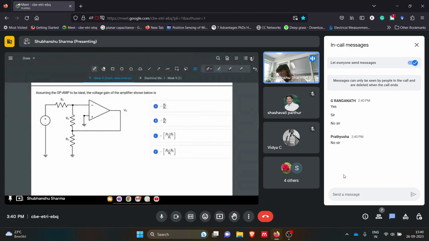Yeah. So this is the next question. Again, I think this is simple. Assuming the op amps are ideal, what is the voltage gain of the amplifier shown below? I'll give 1 minute to solve, then I will give the answer. I think it's simple.